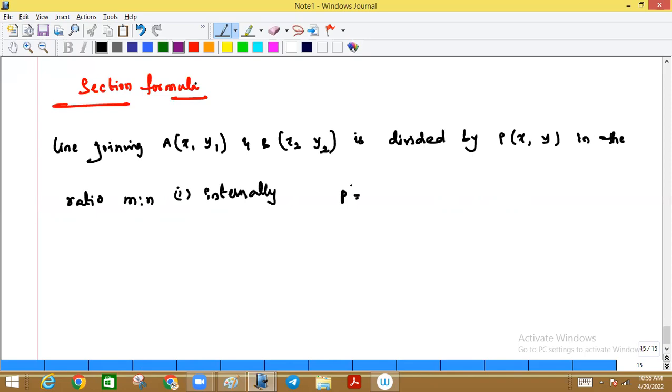They are dividing it internally. What is the point?